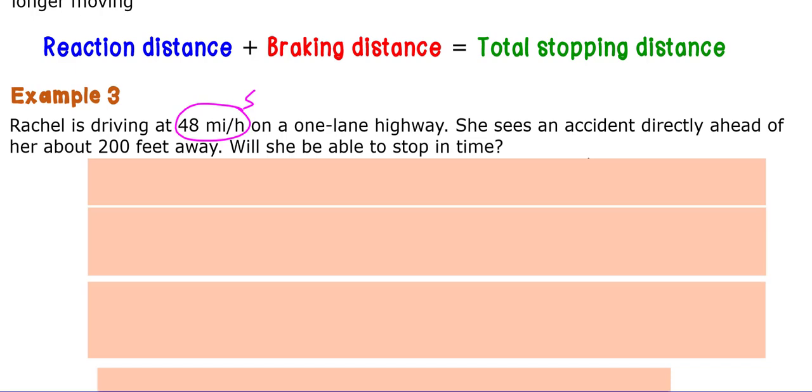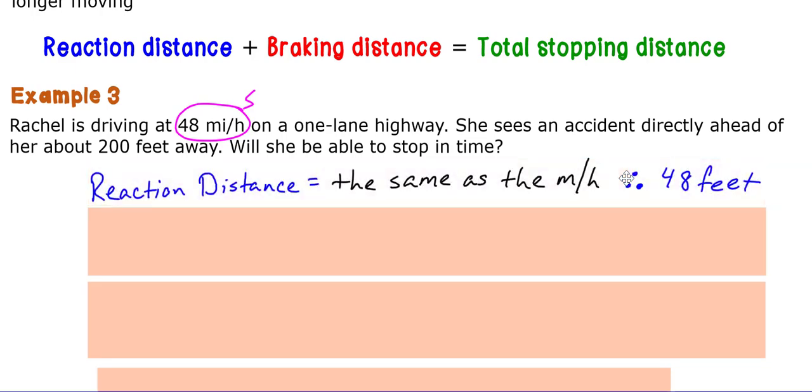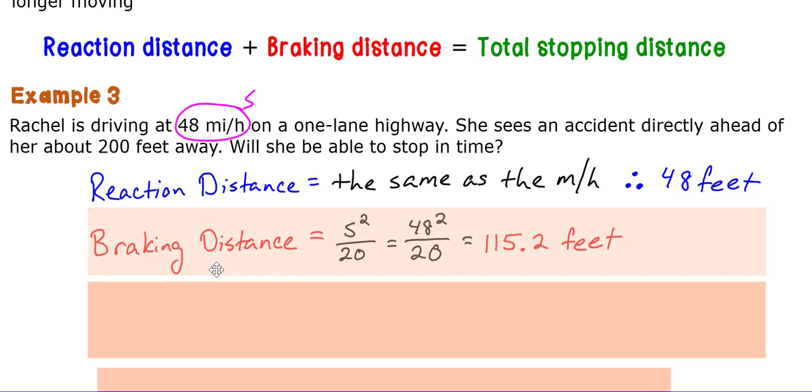So we need to figure out what our reaction distance is. And we know that that's the same as the miles per hour. Therefore, our reaction distance is 48 feet. Our braking distance would simply be using the braking distance general formula, plugging in our miles per hour for s, dividing by 20, and we get 115.2 feet.